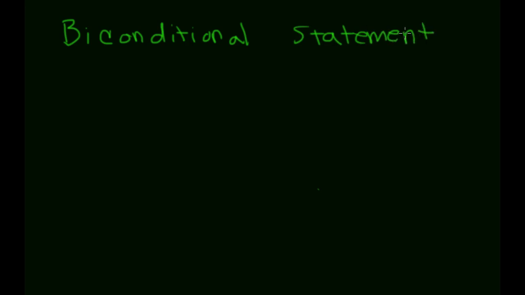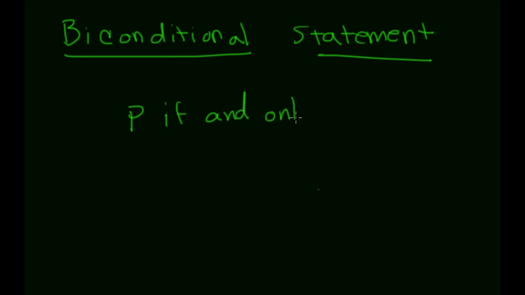Okay, so this leads us to something that's called a biconditional statement. A biconditional statement is something that reads P if and only if Q. So this is a combination of two things.